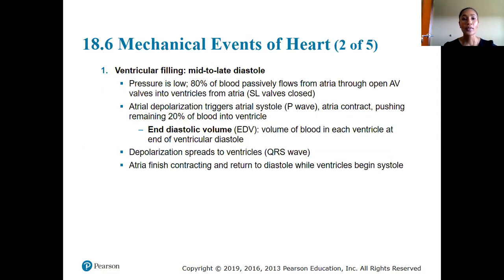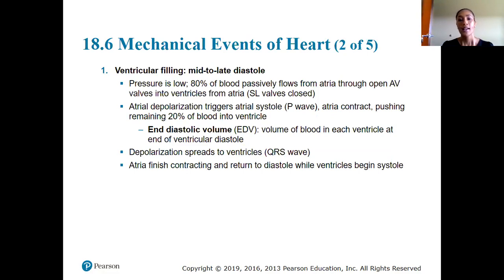So we'll start off with ventricular filling, our ventricles filling with blood. And this is going to occur around mid to late relaxation of the heart. So pressure is low, which is going to allow the ventricles to start to passively fill. About 80% of blood will passively flow from the atria through open AV valves into the ventricles.